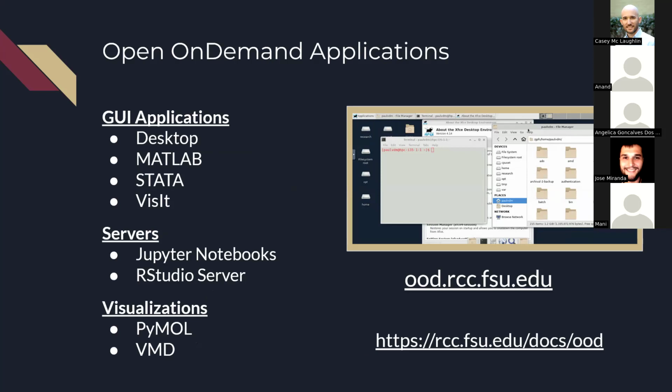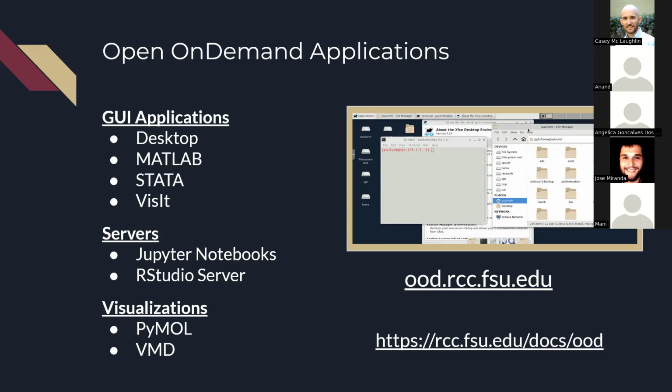We'll switch over to the screen really briefly for what Open On Demand looks like, and I can show you all the different features of that. We have a couple different ways of accessing it if you want an application specific thing through Open On Demand. So for example, if you're using MATLAB exclusively, you can have MATLAB Studio up.